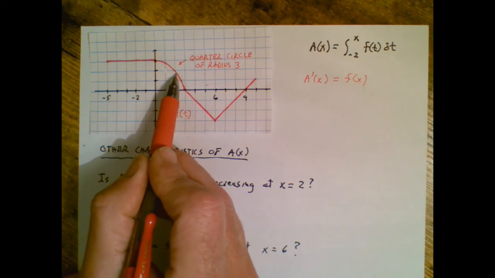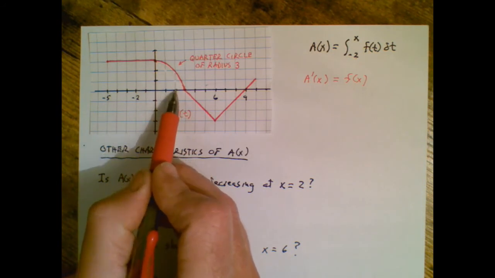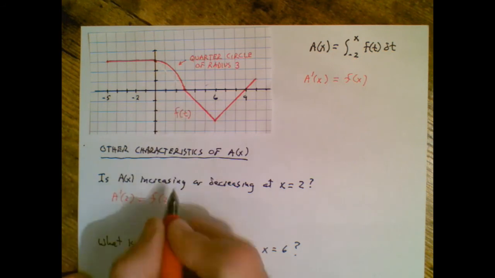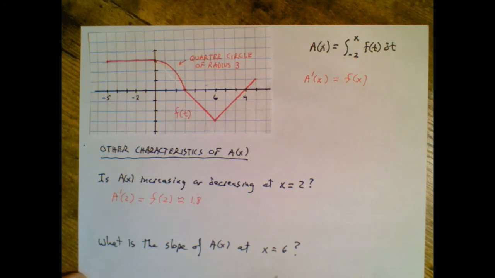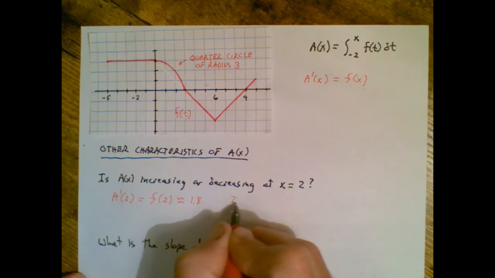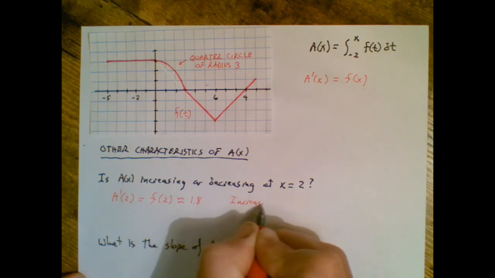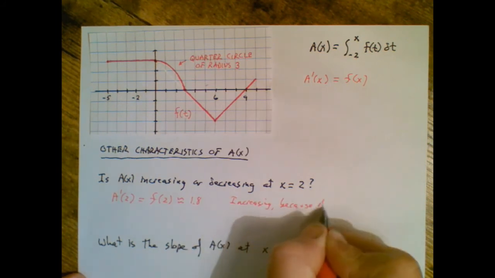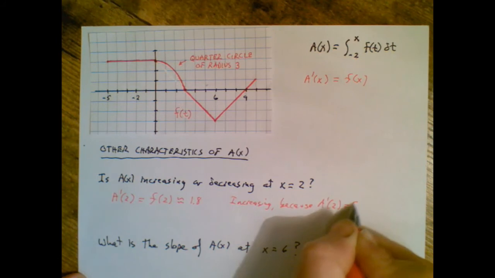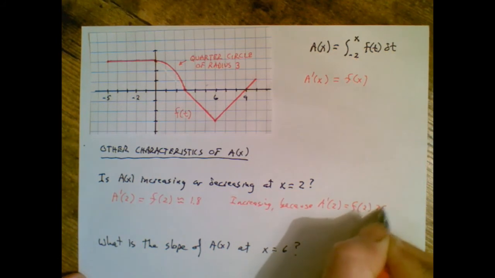I don't know exactly what that is, so I'm just going to estimate it. I'll call it a 1.8. What I really care about is it's positive. So I would answer increasing because a prime of 2, which is really f of 2, is greater than 0.